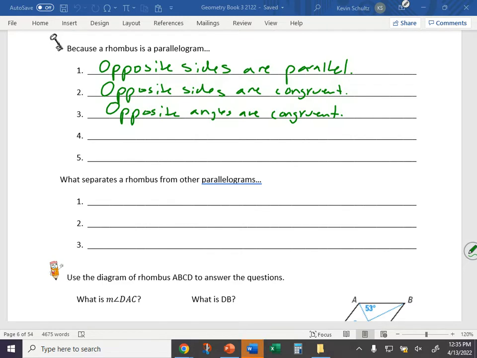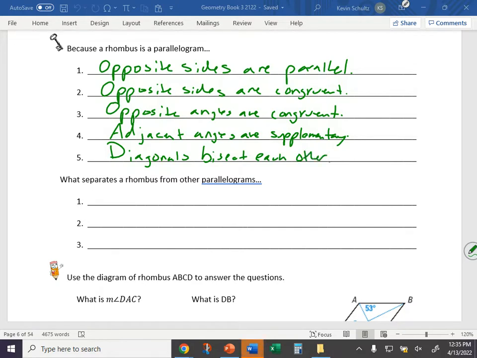Okay, adjacent angles are supplementary. And what about the diagonals? What's true about the diagonals of any parallelogram? Yeah. Diagonals bisect each other.